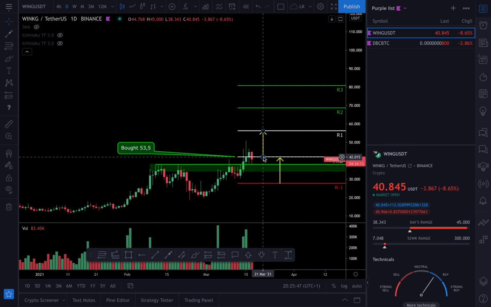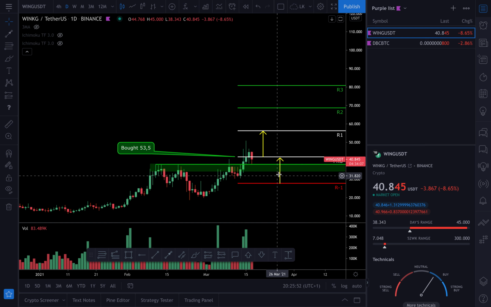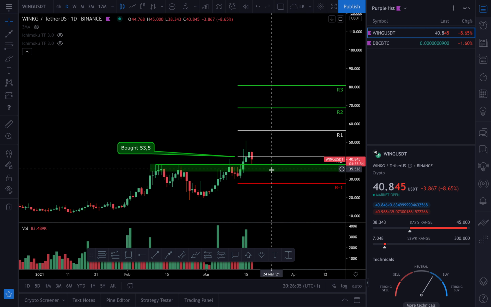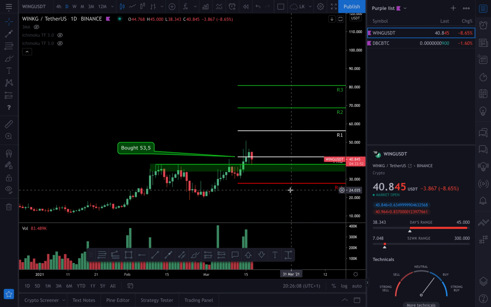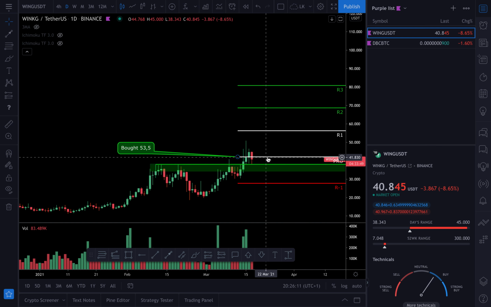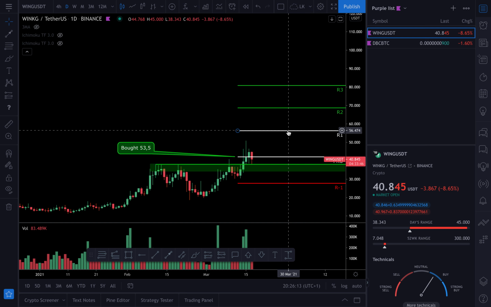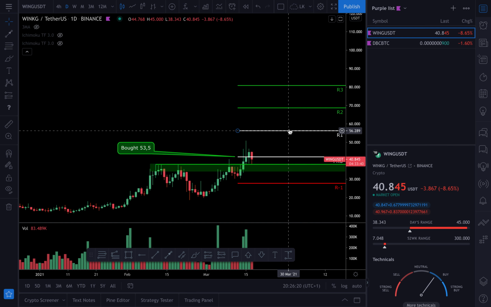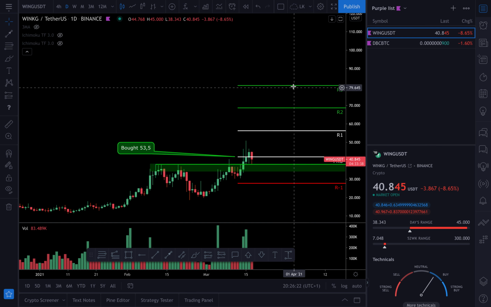So if the average price is here and the actual price goes down to the red line, I get stopped from the trade, which means I'm taken out and take a controlled loss, which in my case, in that trade, would be 2% of my capital. So if it goes down and touches the red line, I lose 2% of my capital. If it rises to the first white line, called R1 right here where my mouse is, I'm making 2%, R2 I'm making 4%, and R3 I'm making 6%.